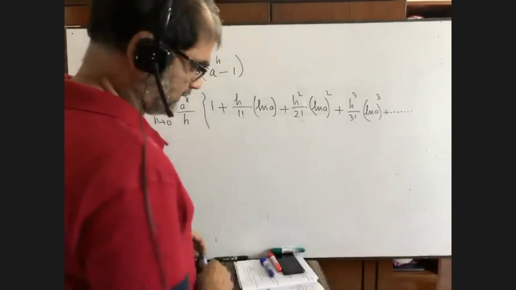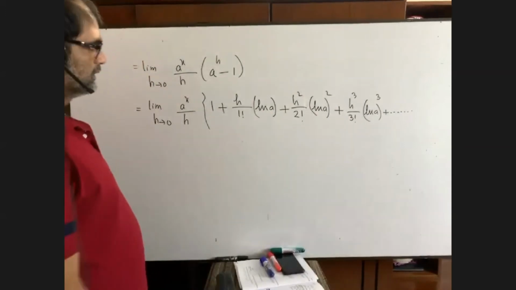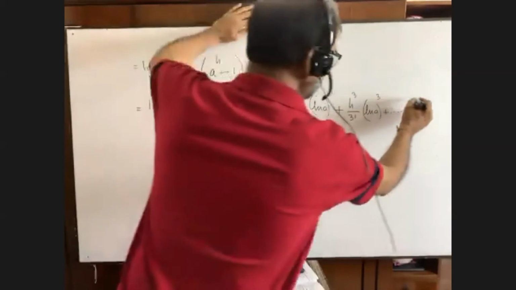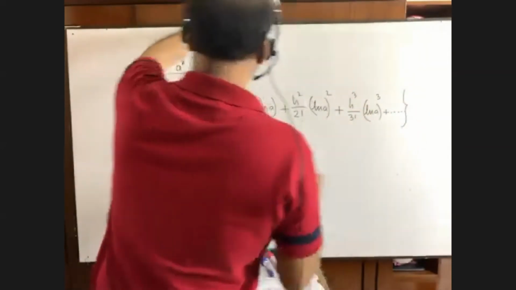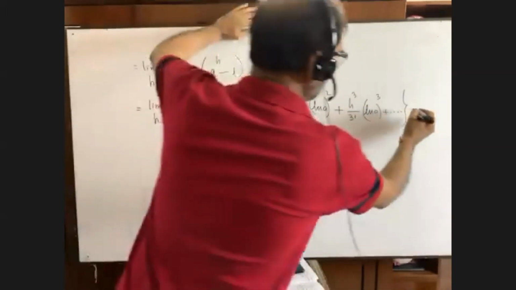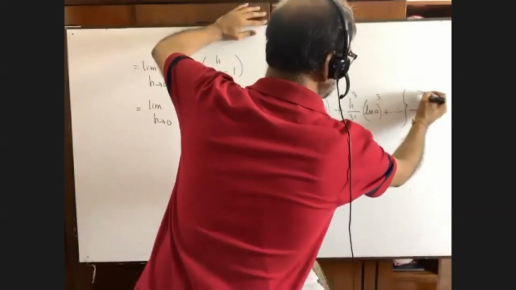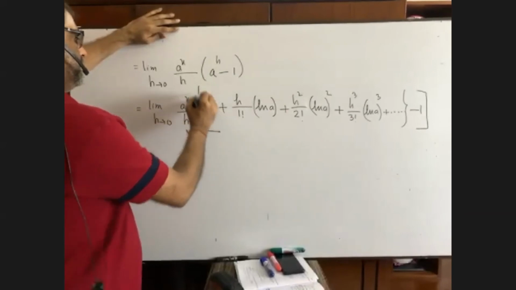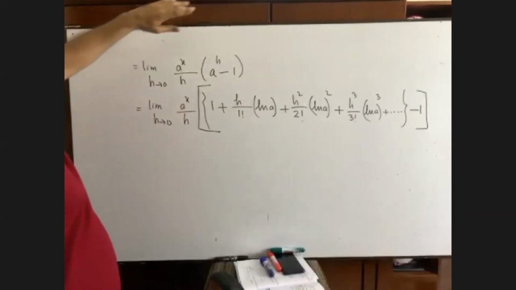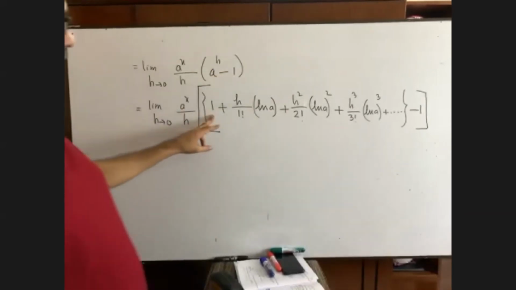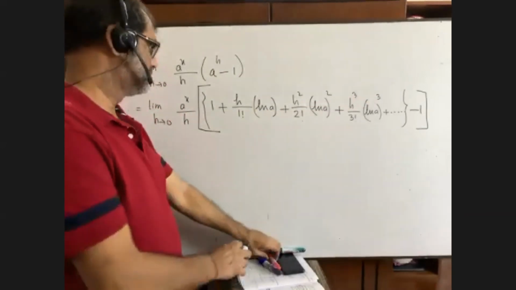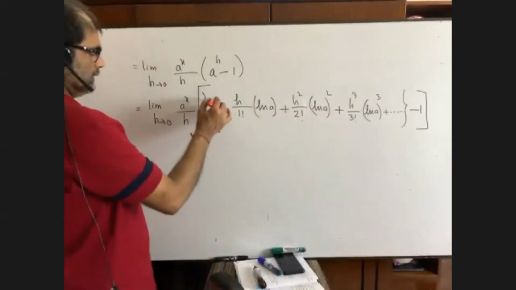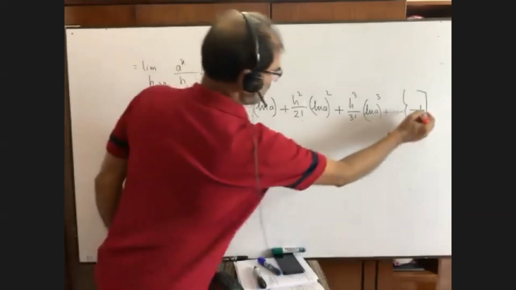Talk to me. Now, this is done, but there is minus 1, so we must give a bracket here. The 1 and 1 will be omitted.